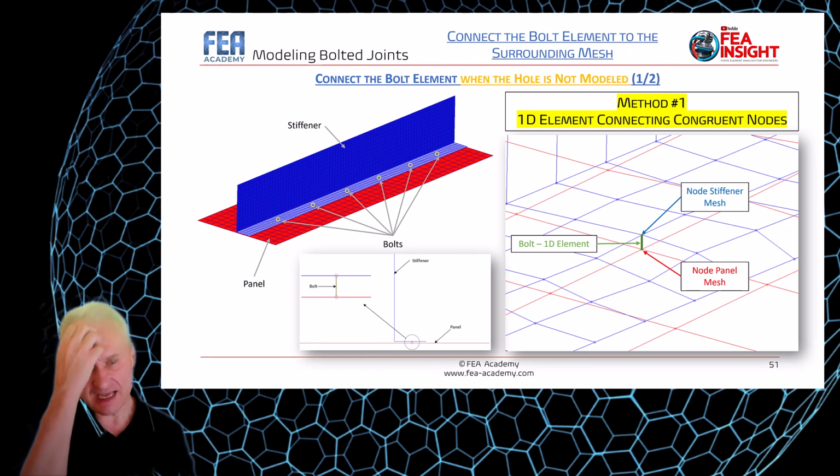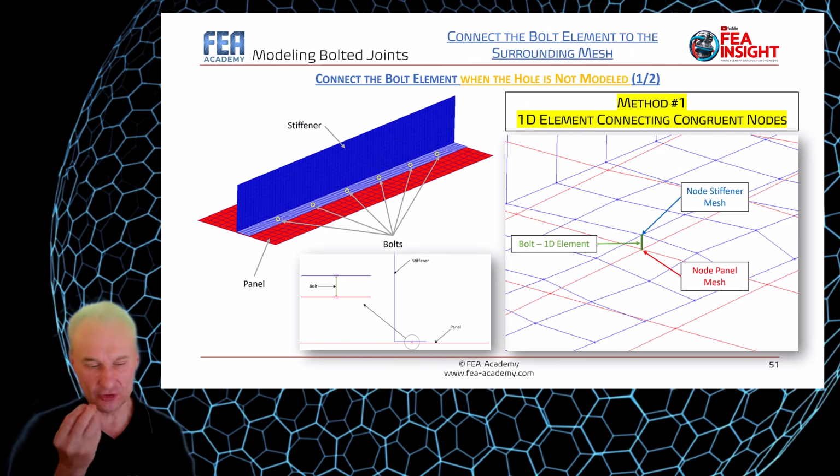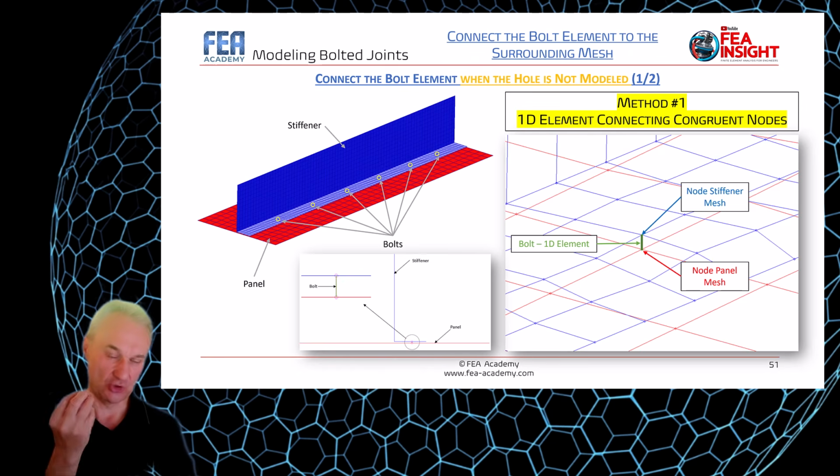So when you create the mesh, you already manage the location of the fasteners, and you force the mesh to pass at the exact location where you have the fasteners. The result of this management is that you're going to have two nodes on each part aligned with the location of the bolt.